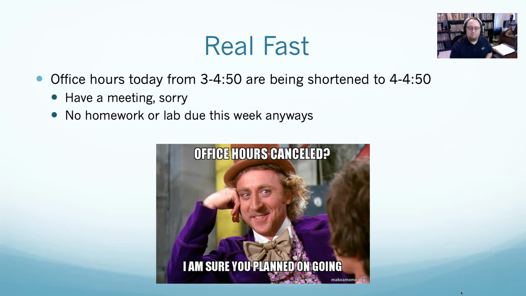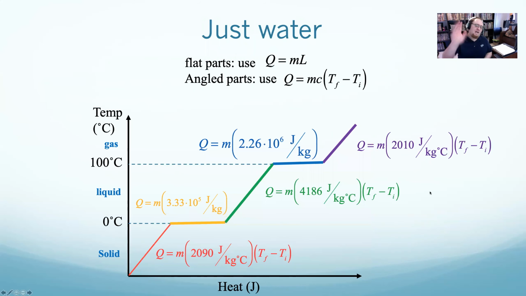But to pick up where we left off, as I had introduced this slide. I said this slide tells you how much heat is required to change the temperature or phase of water. And this series of equations, which I color coded for your convenience, tells you how much heat is required to do things. Basically, the red equation is how much heat is required to change the temperature of ice.